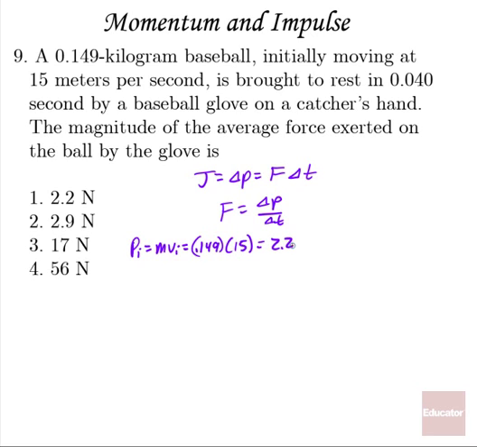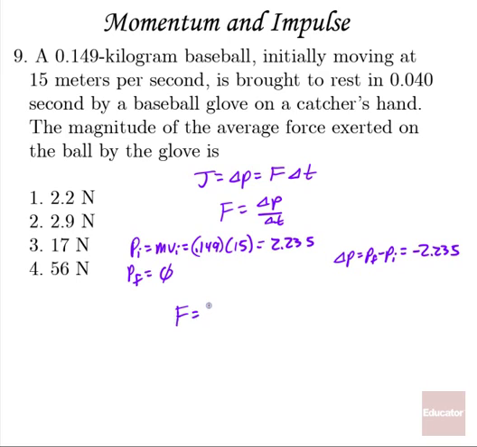about 2.235 kilogram meters per second. If it's brought to rest, its final momentum is going to be 0. So change in momentum is final minus initial, which will be 0 minus 2.235, or negative 2.235 kilogram meters per second.